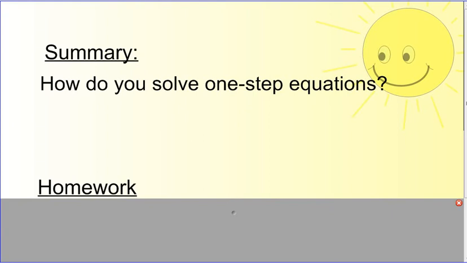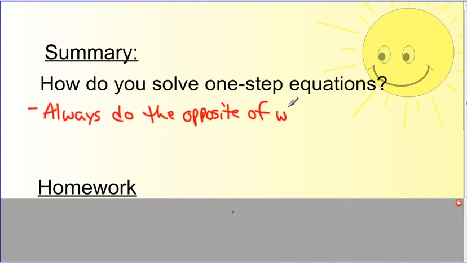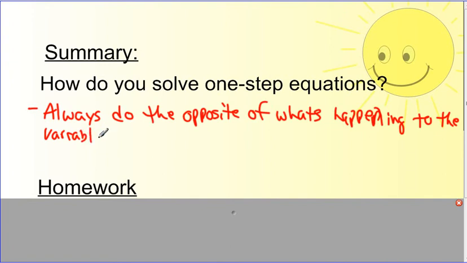So, here's what I'm thinking. How do you solve one-step equations? Well, you got a couple different things. First off, you always do the opposite of what's happening to the variable. So that would be, if it's adding, you subtract.